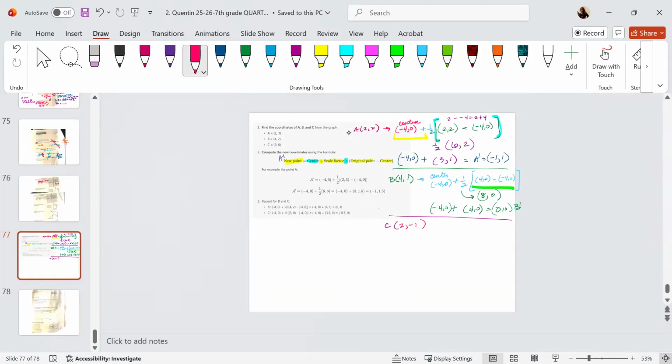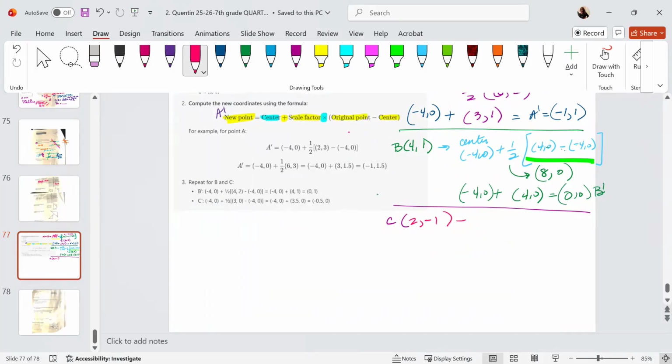All right, so let's repeat the whole thing over again. What do you start off with? The center. You start with the center. Negative 4, 0. And then 0 plus what? 1/2.